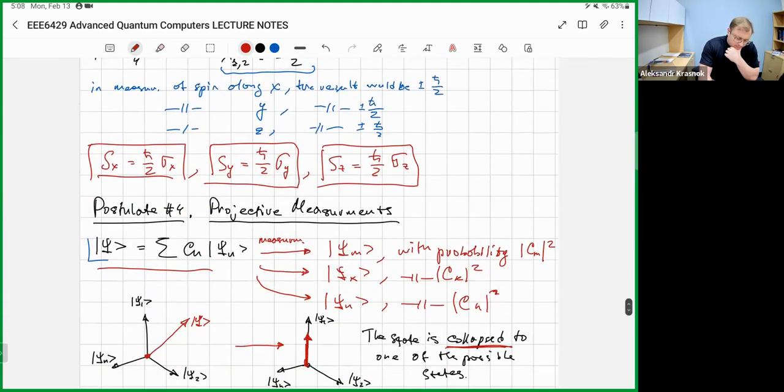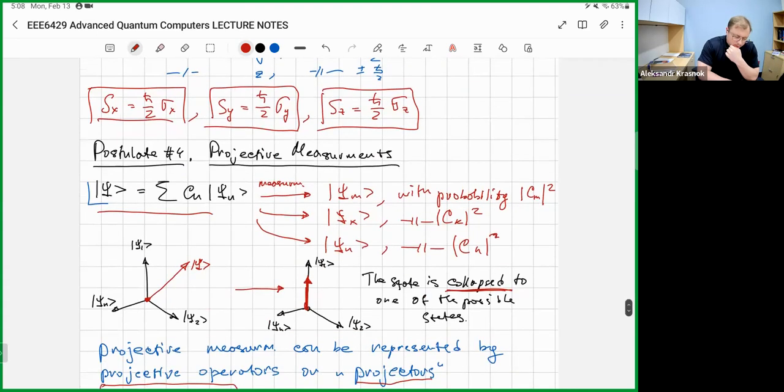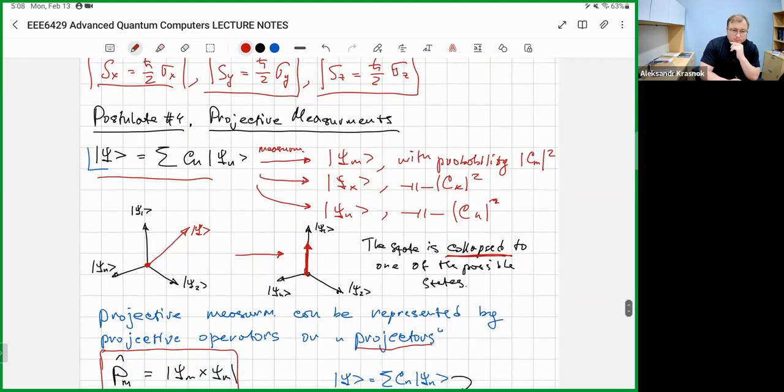Then the next, postulate number 4, tells us about projective measurements. So basically, before we do a measurement, we prepare the quantum system, and we have to think of the quantum system as being in all possible states simultaneously.